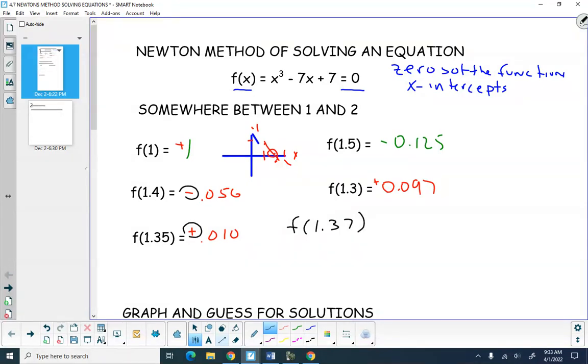What's our function value at 1.37? Negative 0.018. So what two values am I going to be in between? 1.37 and 1.4, or 1.37 and 1.35? 1.35 and 1.37, because this one is negative and this one is positive. So I could try my function value at 1.36.